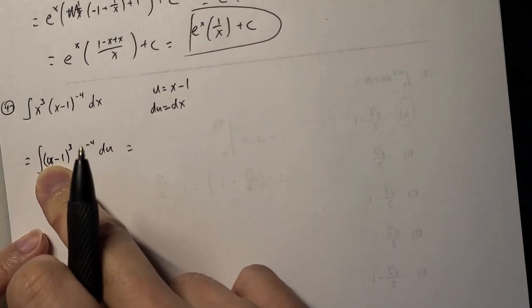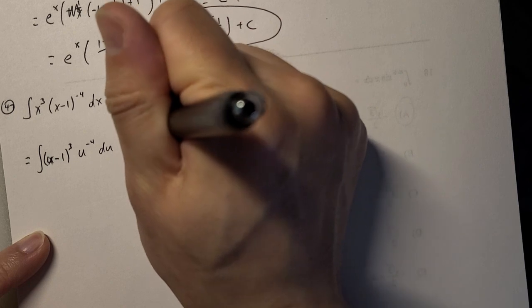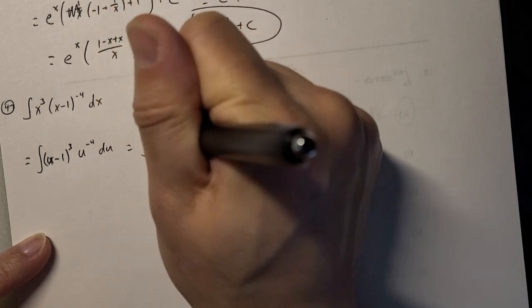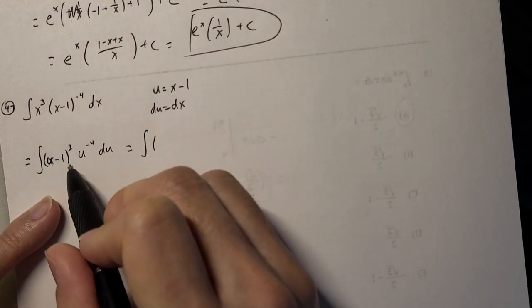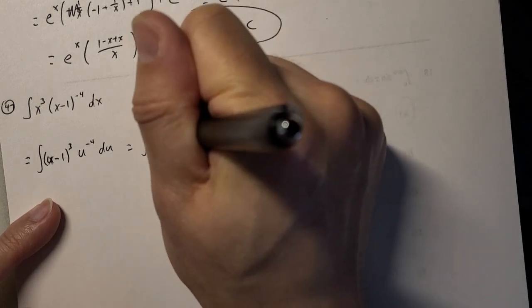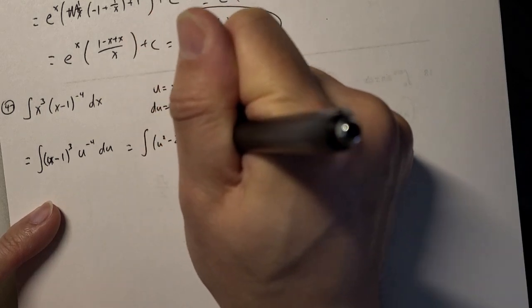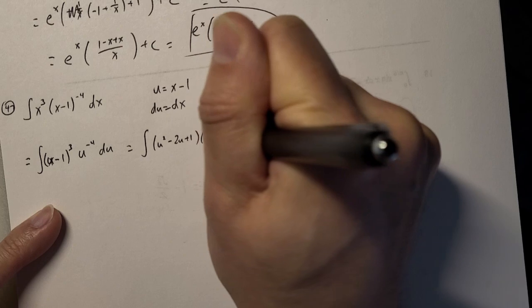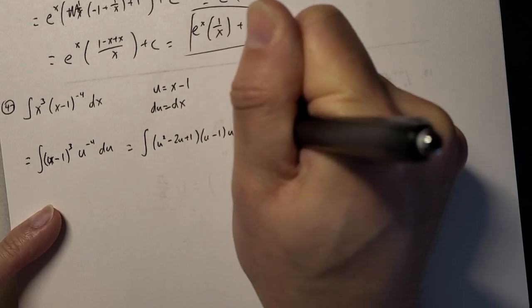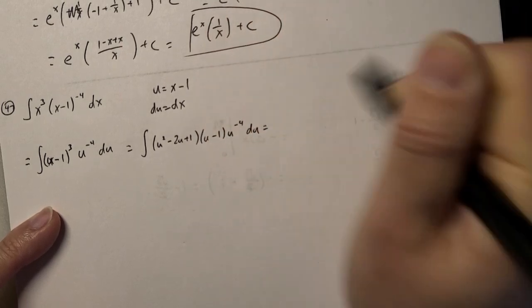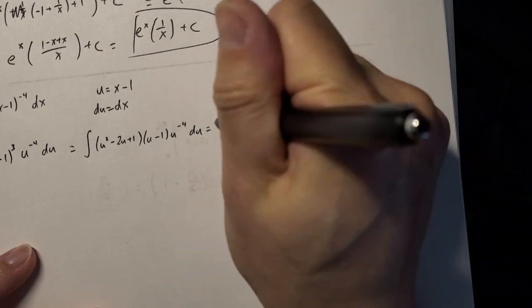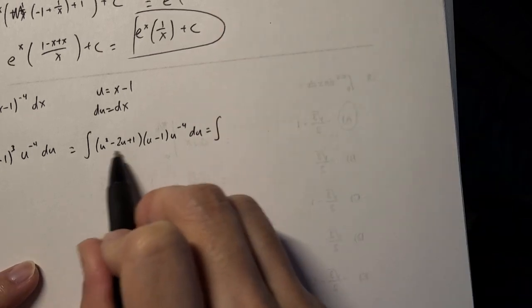Okay, so let's expand this guy out. Let me just do it the long way. So if it's (u plus 1) squared, it'll be u squared plus 2u plus 1. And then we still have one more u plus 1, and the u to the minus 4 du. Okay, so now let's expand these two.